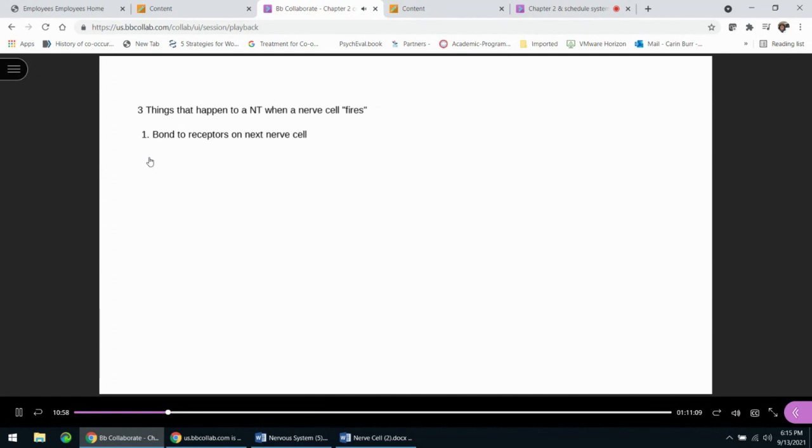And the second thing that can happen is, when the nerve cell fires, there's actually sort of like a strobe light effect where it fires, and then there's this millisecond instantaneous pause, if you will, so that all three of these things that can happen to clear that synaptic cleft for the next firing.